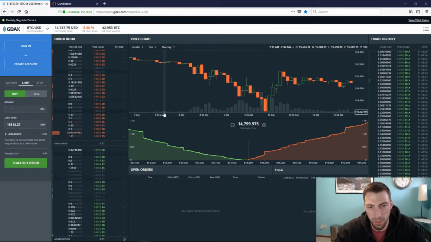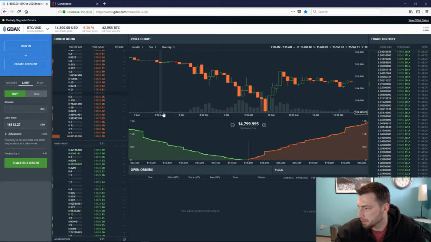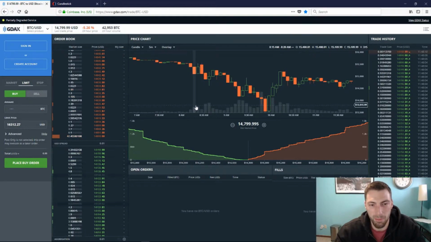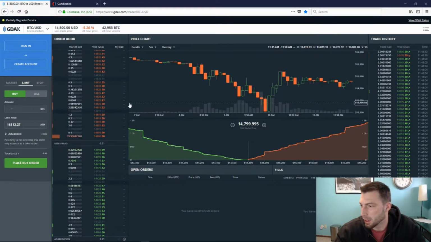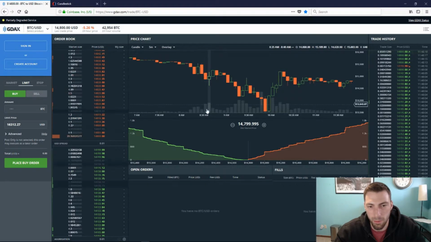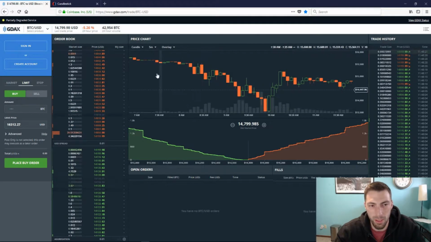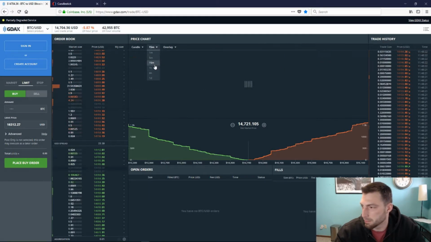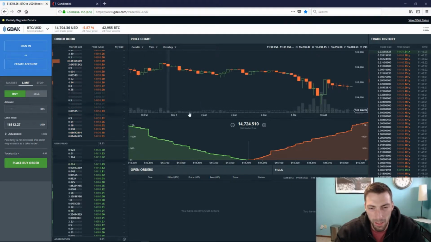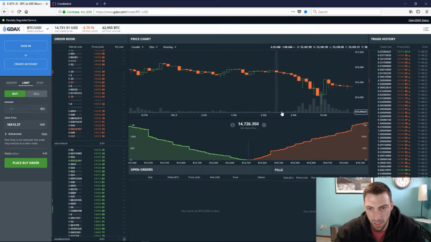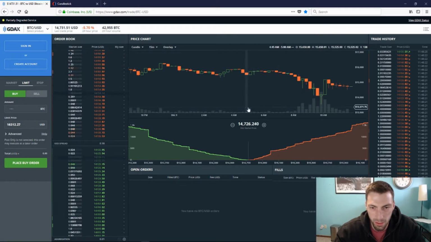So obviously, as far as I know, this doesn't really explain exactly how much volume in each time, because it does not have a key on the side showing exactly what the height means. But you can really compare it to itself here, showing that it is higher volume here than here.